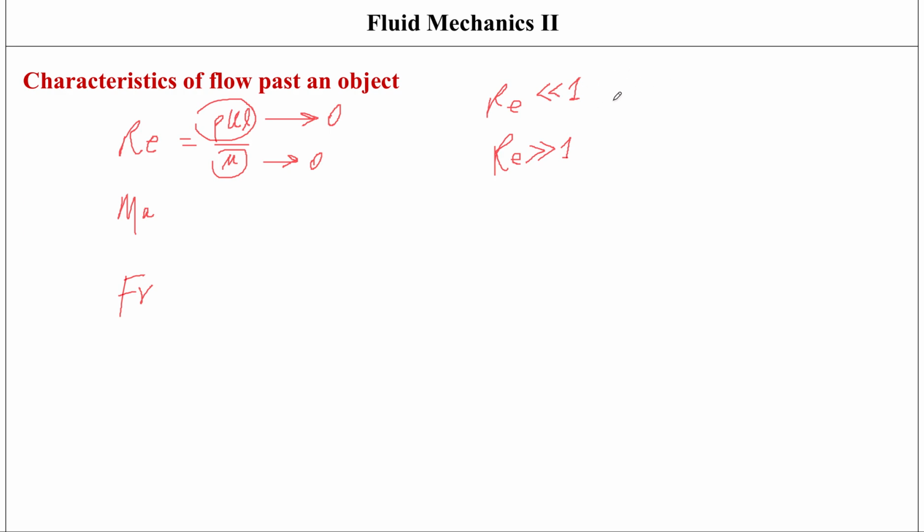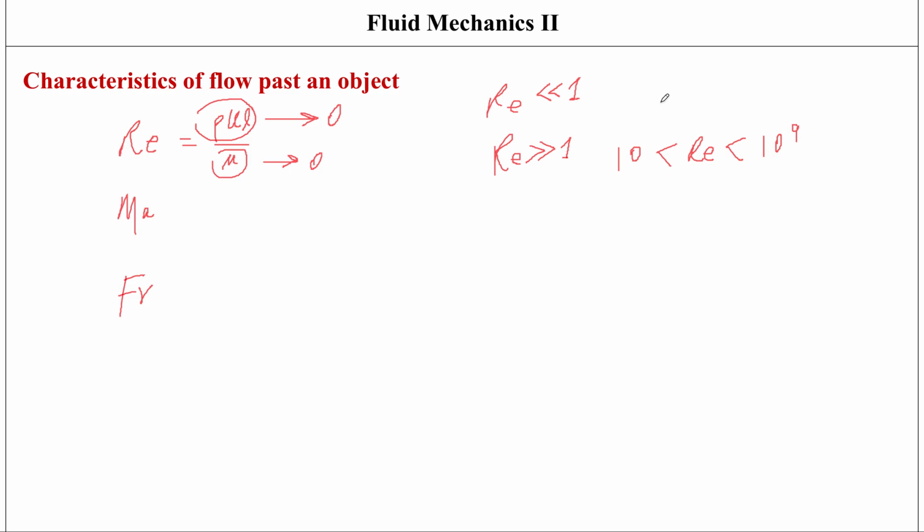But with most external flows, and this you will see quite often, the fluids that we're dealing with are typically either water or air. And the resulting Reynolds number range for flows like that is, on the higher end, less than 10 to the power 9, and on the lower end, greater than 10.